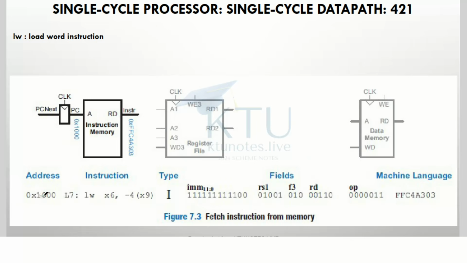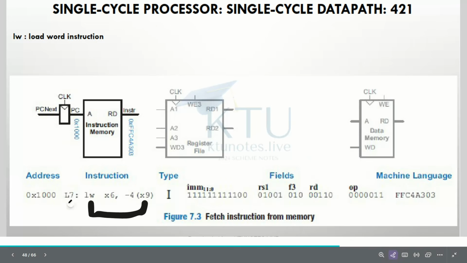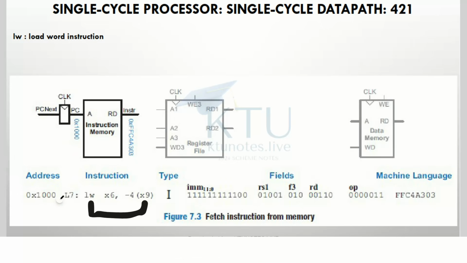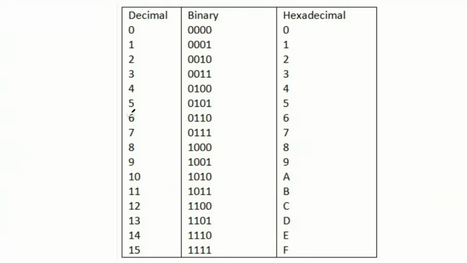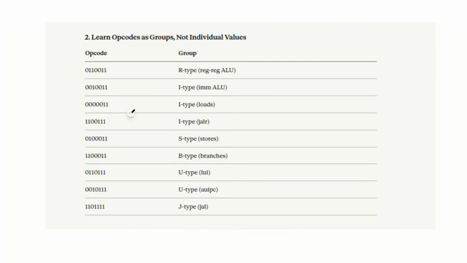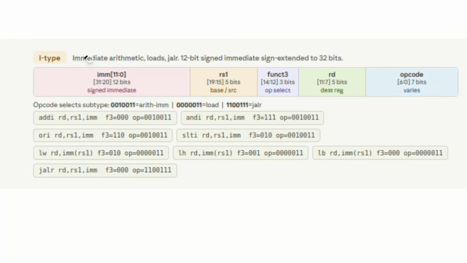Now, we have this load instruction, which is present at this address of the memory. In our memory, at the address 0x1000, this instruction is present. We have already learned that load is of I type.